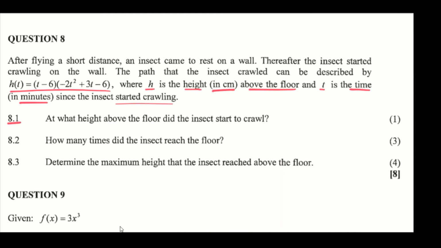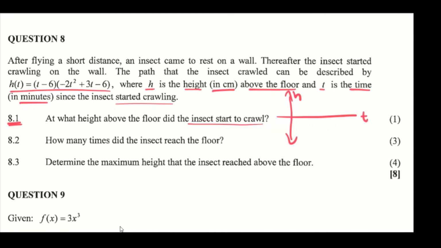So 8.1 says: at what height above the floor did the insect start crawling? So you think of it in terms of a Cartesian plane, where you have your height here and you have your time there. When you talk about it starting to crawl, it's where t is equal to 0.